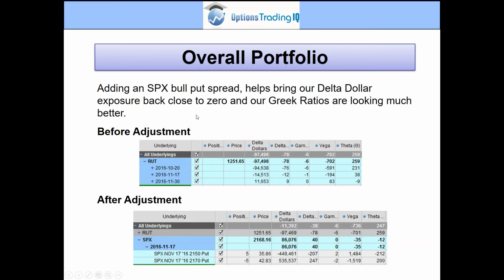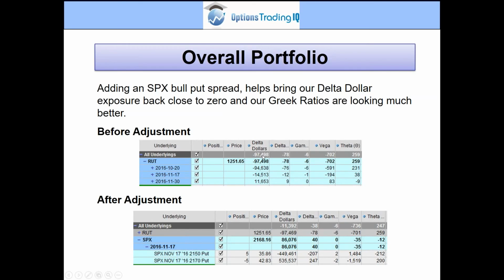Just as a pure theoretical example, we could add an SPX bull put spread, which helps bring the delta dollar exposure back close to zero, and our Greek ratios are looking much better. Once you start adding different instruments in, you have to look more at the delta dollar number rather than the actual delta.